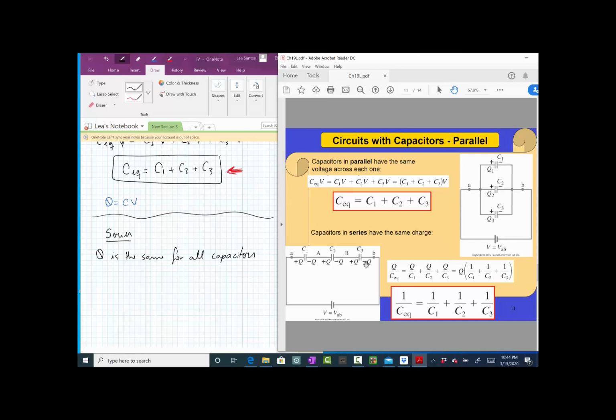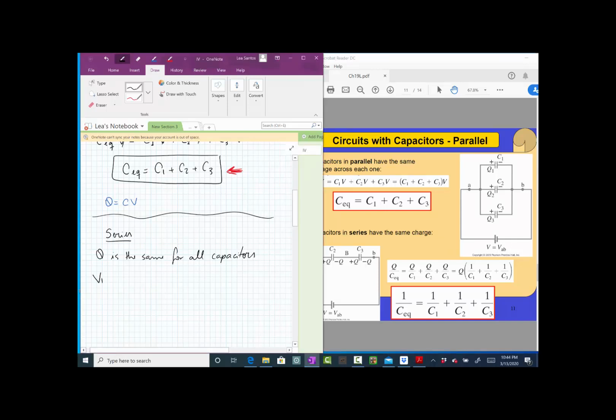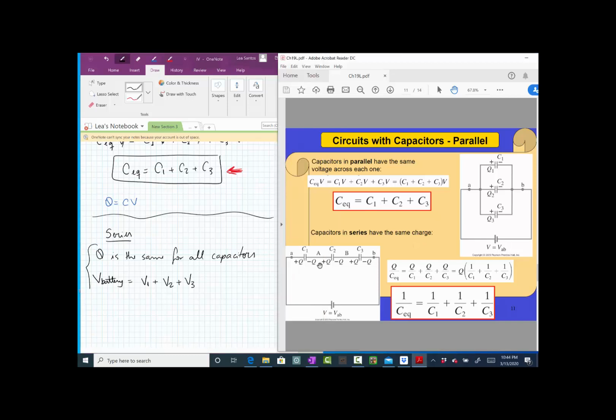So with these two pieces of information, we'll be able to find the equivalent capacitance, the capacitance that we can use to substitute all of them with a single one.